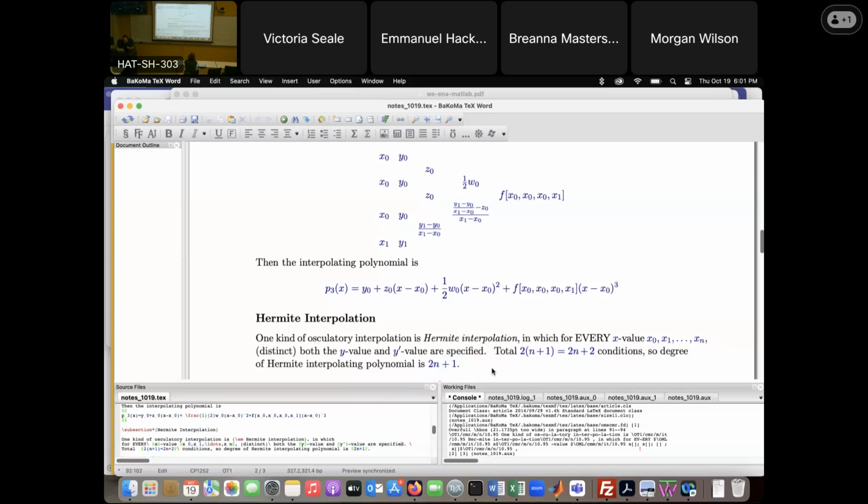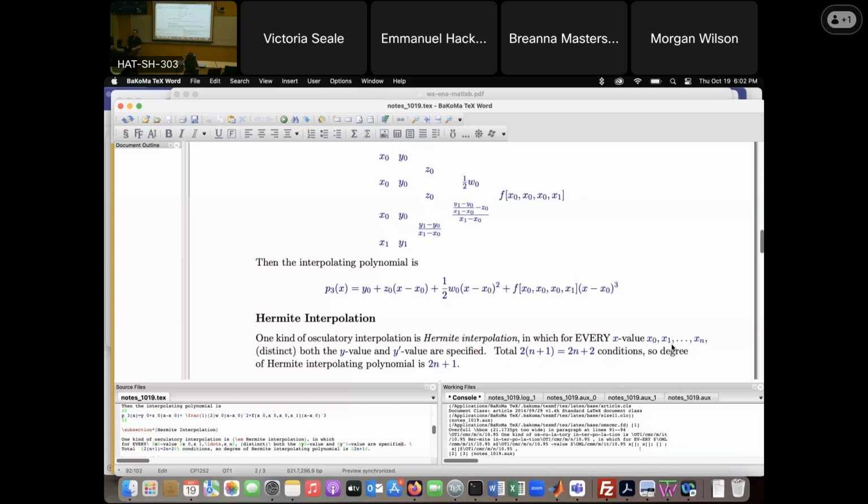Why is it considered an osculatory interpolation? Because you're matching derivatives. Oh, so it isn't like they're distinct and non-distinct. Well, you can think of it this way, and this is what you will see when we actually compute these things. Think in terms of your divided difference table, you take each of these distinct x values and you list it twice.